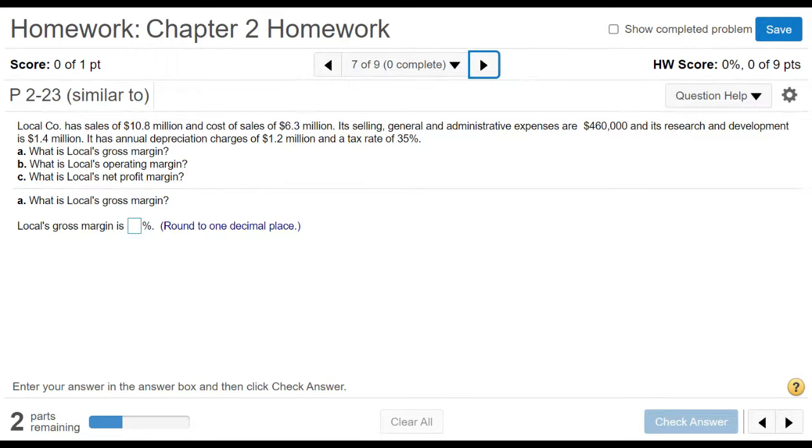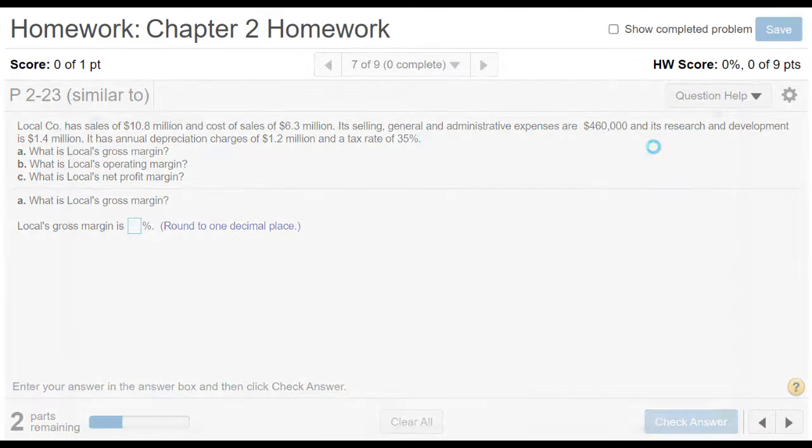Okay. So the first part, you're going to say sales minus cost of sales, divided by sales. So 10,800,000 minus 6,300,000, right? Divided by 10.8 times 100.